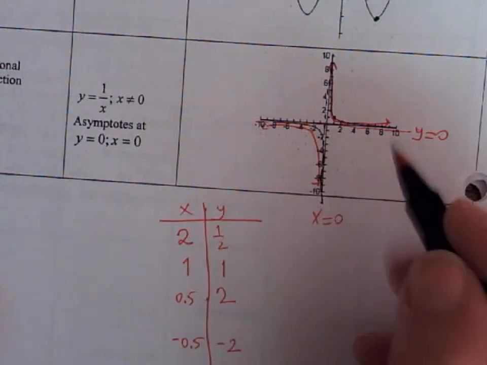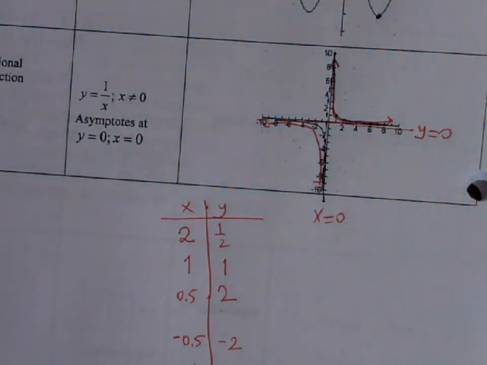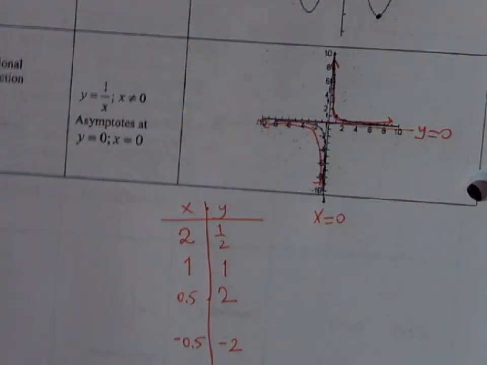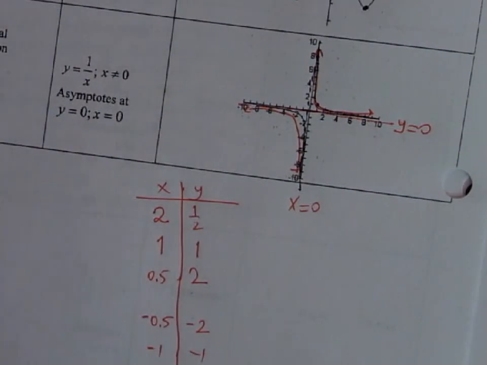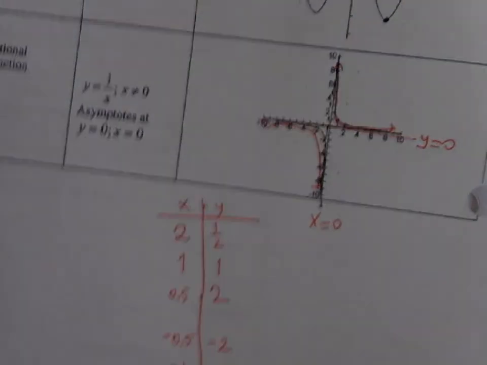You approach the asymptotes, you don't pass the asymptotes. Actually, later on, in this unit or the next unit, you will see that we can pass through the horizontal asymptote, but we cannot pass through the vertical asymptotes, for other functions.